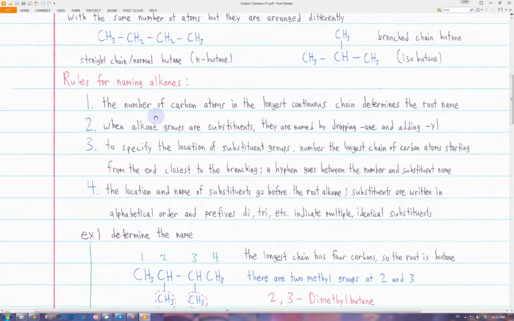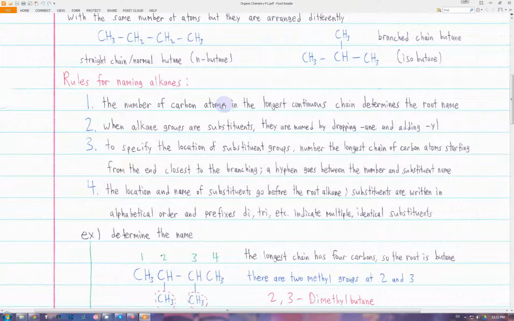So there are a few rules for naming any alkane. And you can think of an alkane as consisting of 2 parts. One, the main part, is just a long chain of carbons, which is kind of the root chain, and then anything hanging off of that main chain is called a substituent. So the number of carbons in the longest continuous chain determines the root name of the compound.